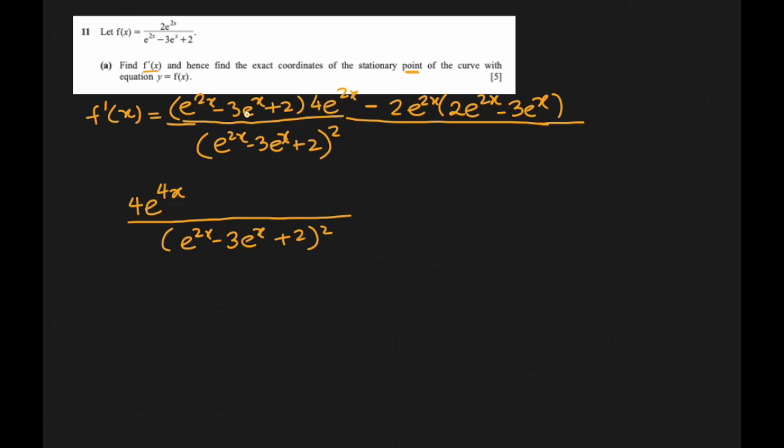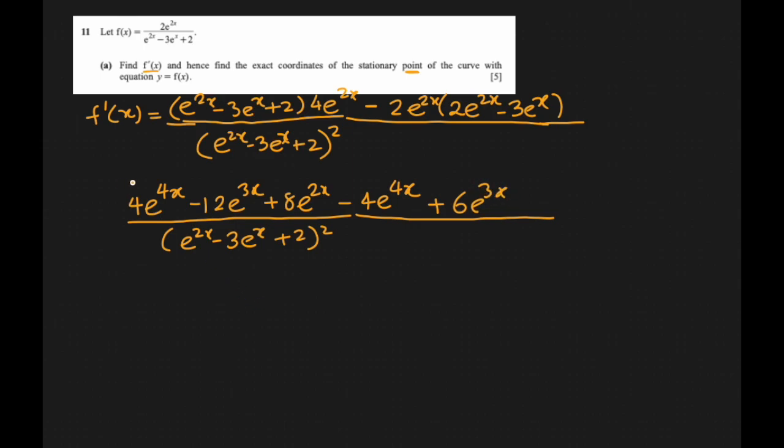4 e to the power 2x multiplied by minus 3 becomes minus 12 e to the power 3x. 4 times 2, 8 e to the power 2x. Now here, minus 2, then this becomes minus 4 e to the power 4x. Minus 2 times minus 3 is plus 6 e to the power 3x.